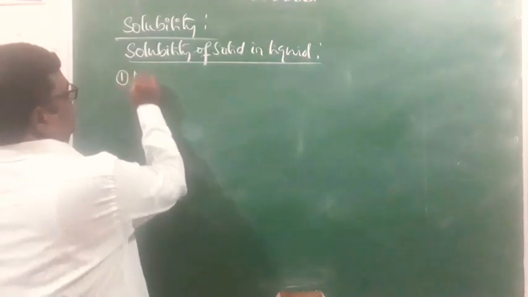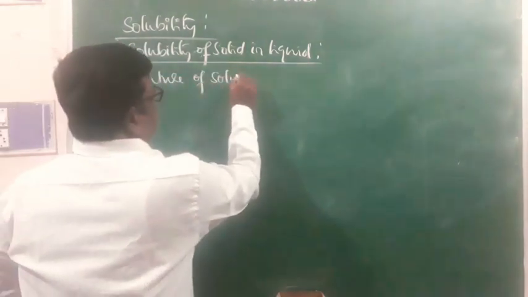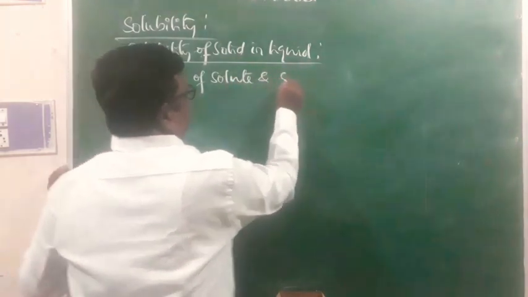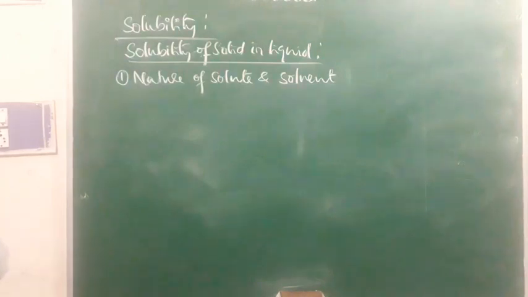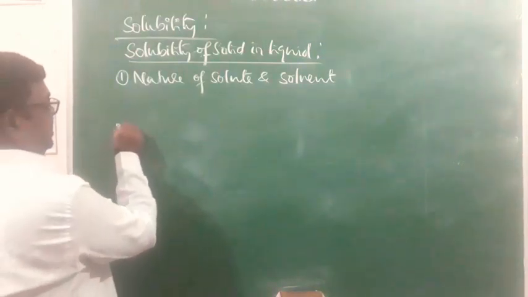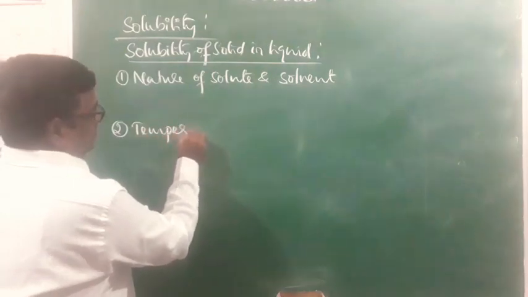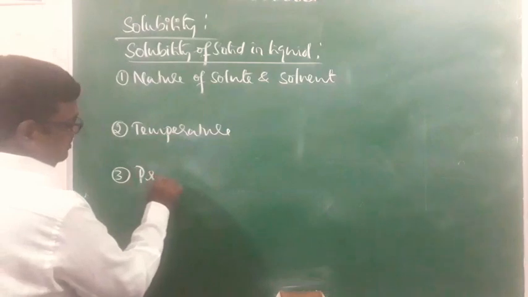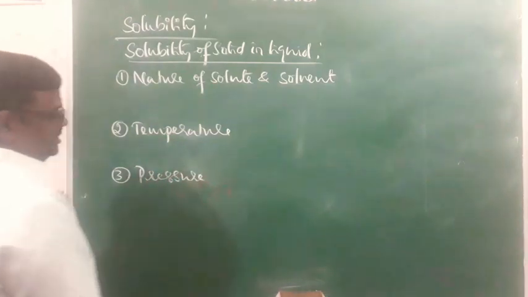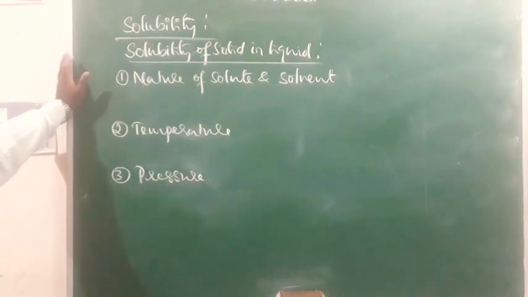One is the nature of solute and solvent. The second factor is temperature. The third factor to be discussed is pressure. These are the three important factors to be discussed under the solubility of solid in liquid.